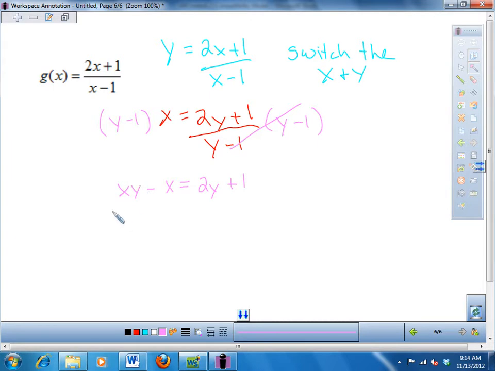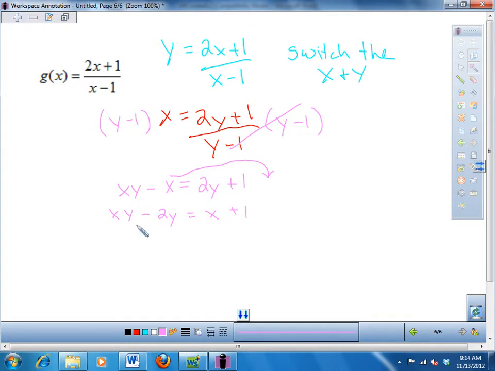Bring this y over here. So you get xy minus 2y equals x plus 1. You guys see what I did? I brought this x over onto this side, and I brought the 2y onto this side by subtracting.